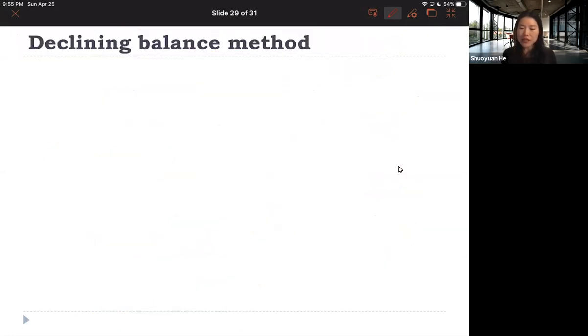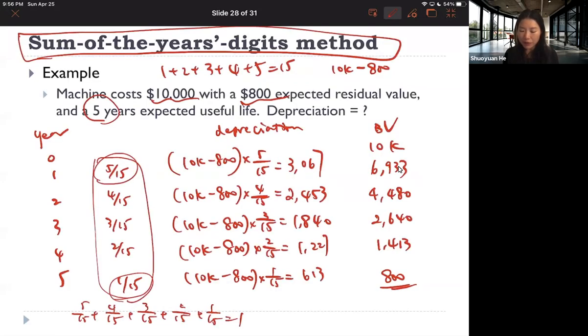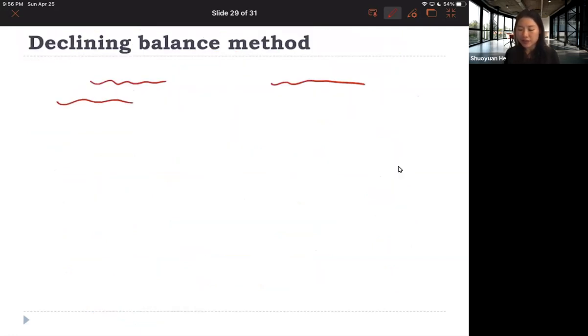The next method, the declining balance method. Under the declining balance method, the depreciation rate is applied to the declining book value, not to the allocation base. In the previous example, we had the same allocation base and used different depreciation rates, decreasing over the years.